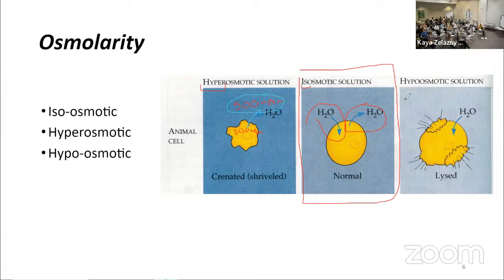The opposite happens in a hypoosmotic solution. So hypo means low. In this example, we're thinking that typical 300 milliosmoles inside the cell, and let's say we have pure water outside the cell, so 0 milliosmoles.